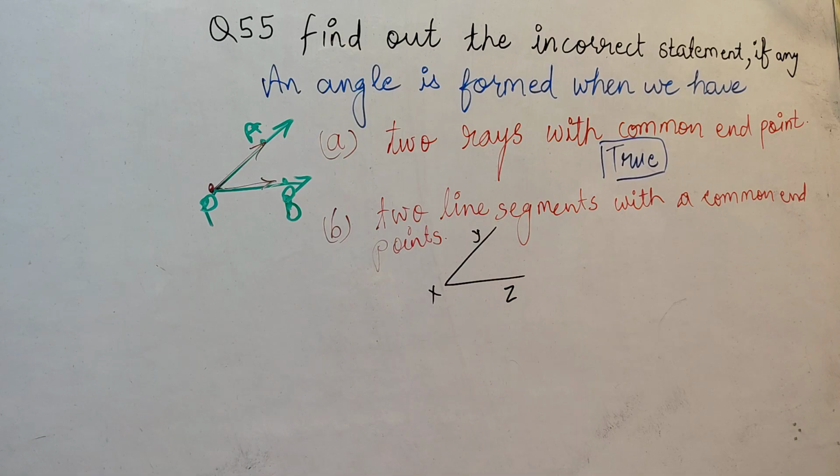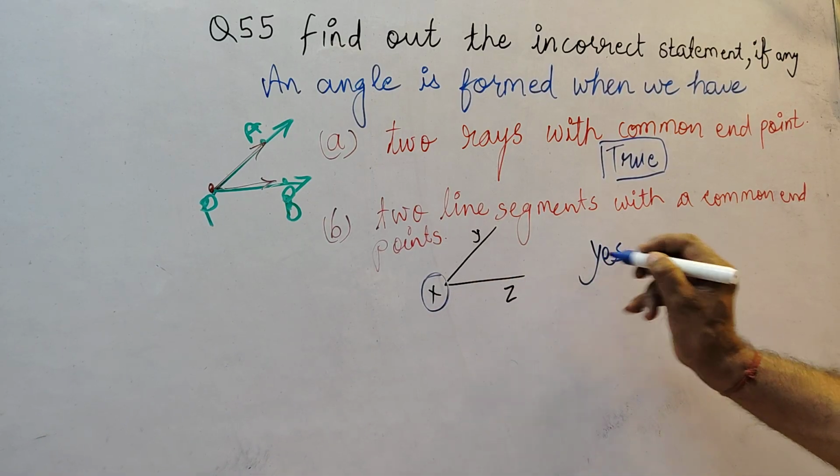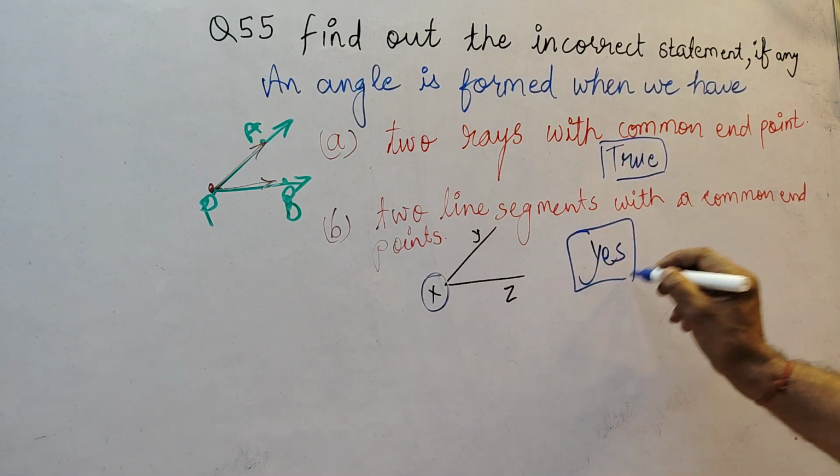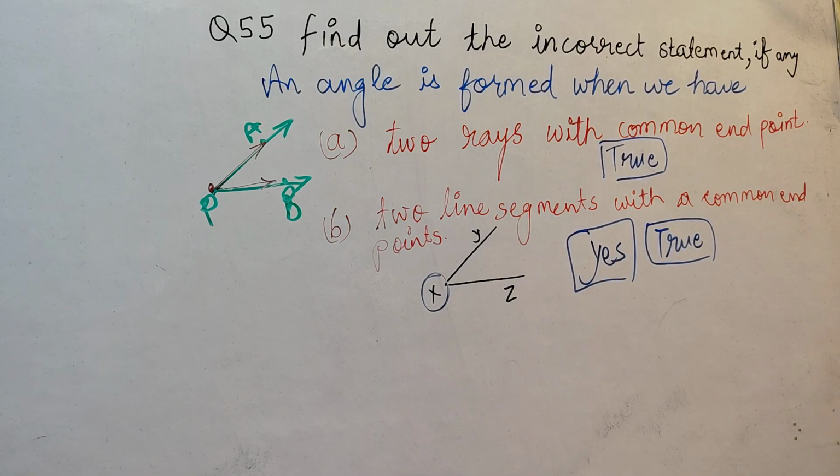Two line segments with a common endpoint form an angle. So if the common point is there, it is here available similar to an angle. So it is also true. Correct.